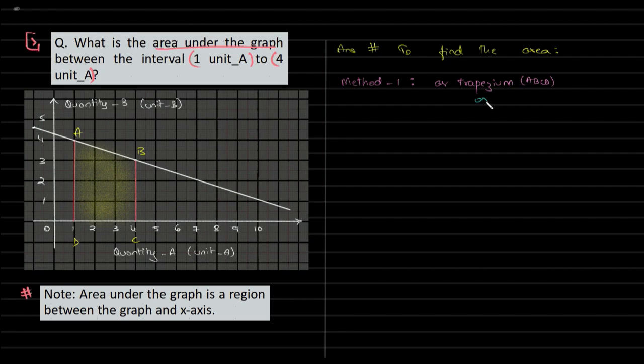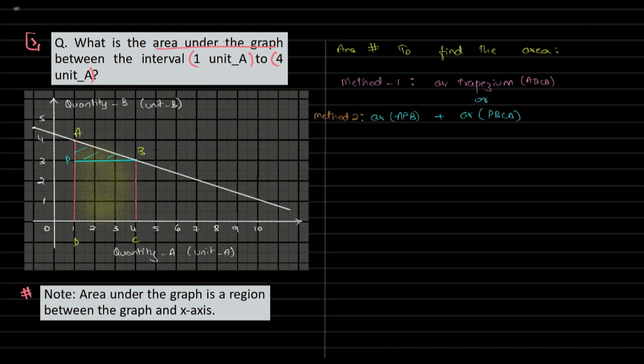Or we can do one more thing. We can find the area of the triangle APB, and then add it with the area of PBCD, and it will give the same answer, right? So we can divide it into two sections and do it. This is method 2, by the way.